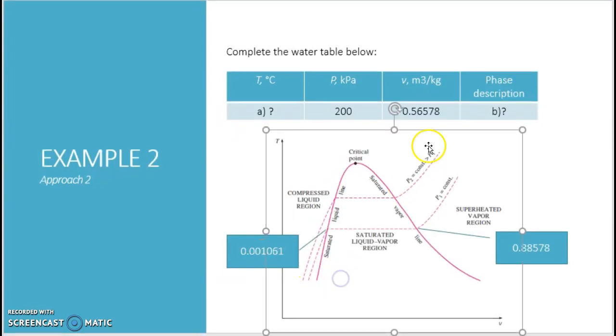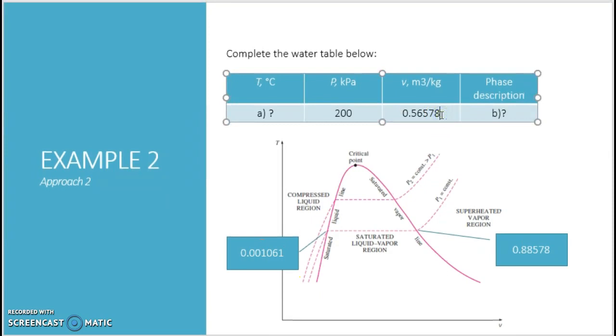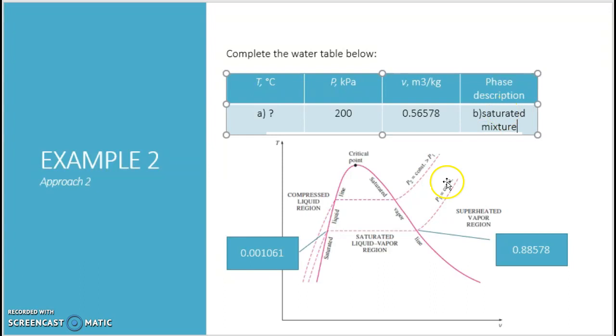Given to you in this question is 0.56578, so it must be in between this area. Thus, the phase description now is saturated mixture, where this is the boiling point and the change of liquid into the vapor phase.